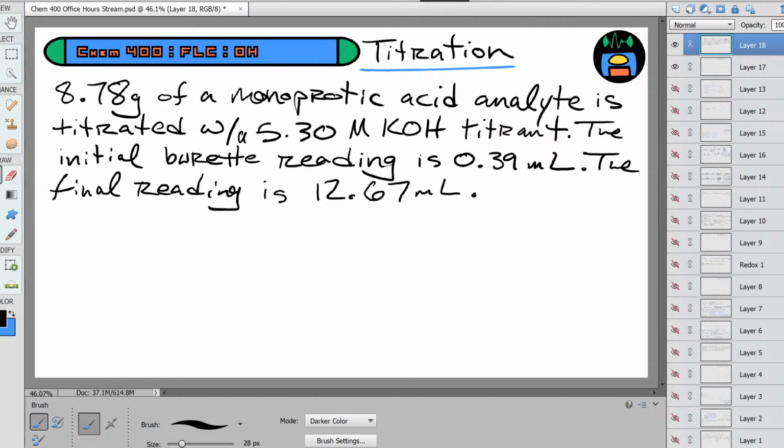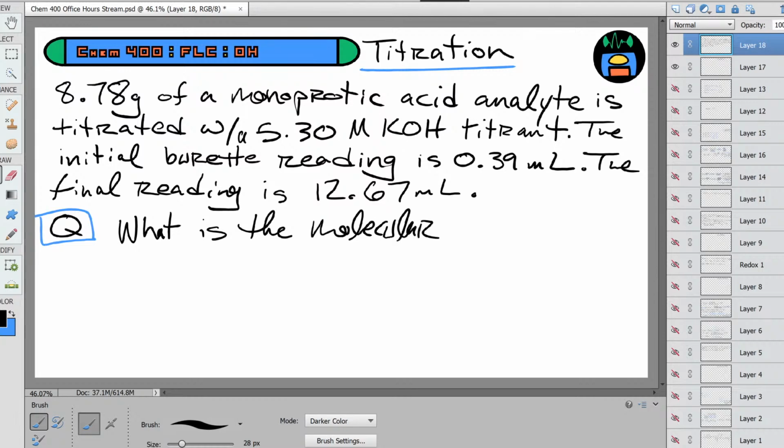All right, now here's the wind up. Wait for it. What is the molecular weight of the analyte?